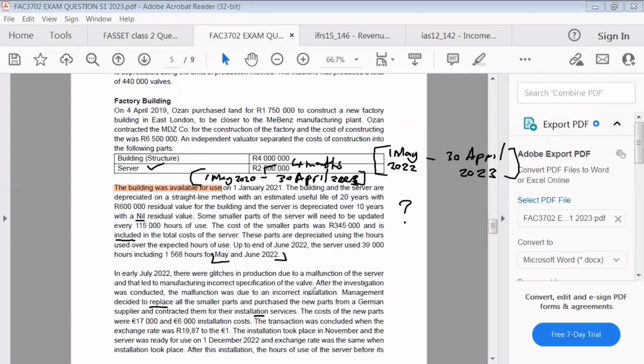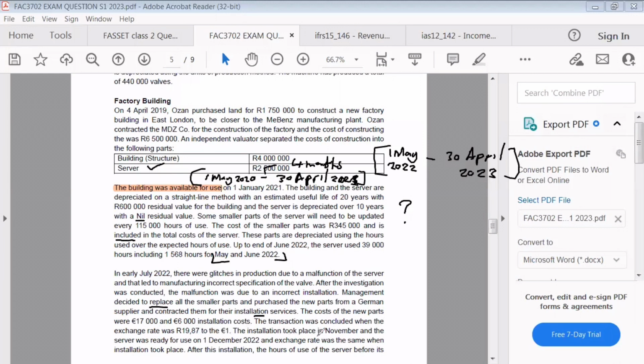Because remember, initially it was an installation error. The costs of the new parts were 17,000 euros and 6,000 installation. These guys are expensive. The transaction was concluded when the exchange rate was 19 Rand 87 to the euro.